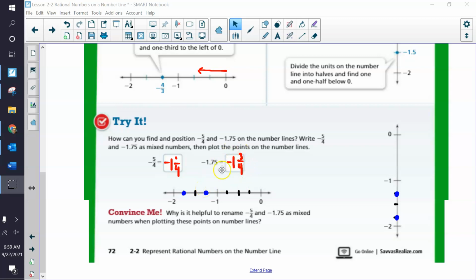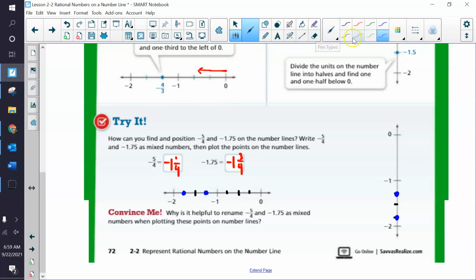And same thing here, we need to pass -1 and then go 1/4, 2/4, 3/4 more. So that's where we would locate this one right here, 3/4 after the 1/4. It's almost to -2. And then this is 1/4 after the -1 here.